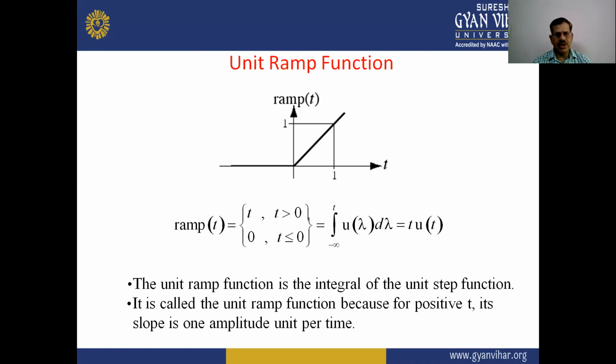We can also write the unit ramp function as the integral from minus infinity to t of u(lambda) d lambda, equal to t u(t). So this is the unit ramp function.